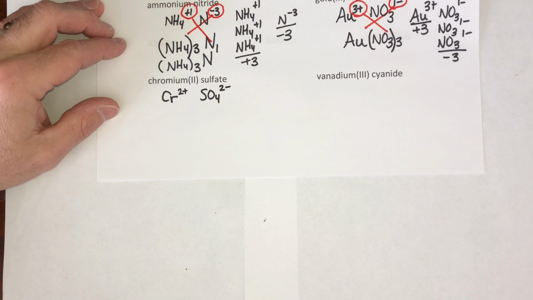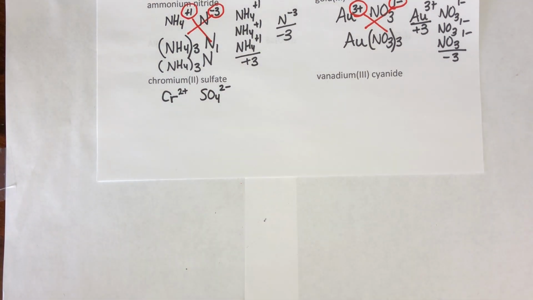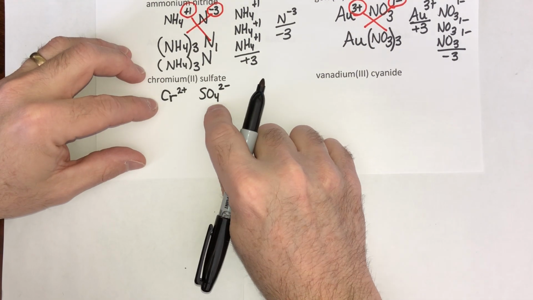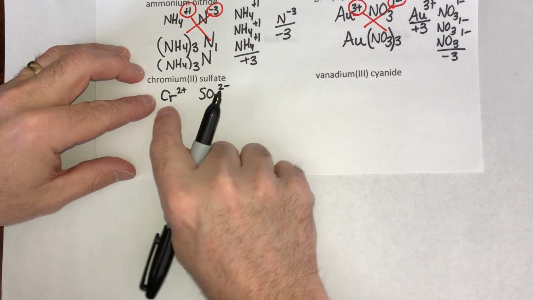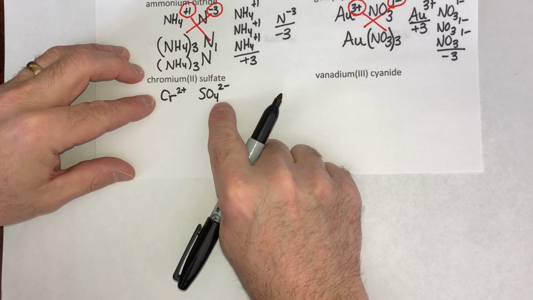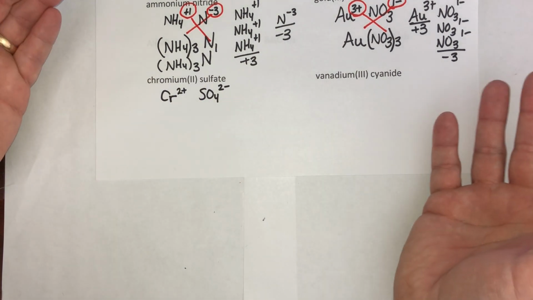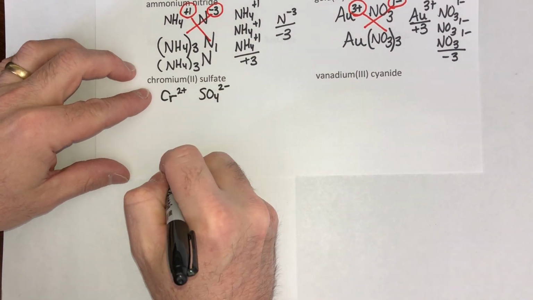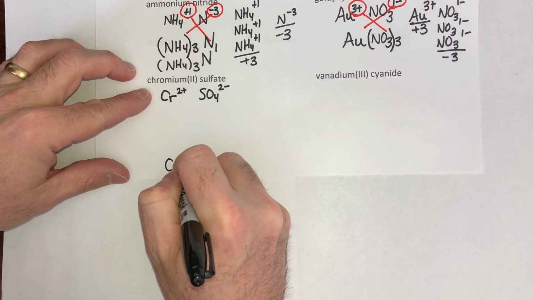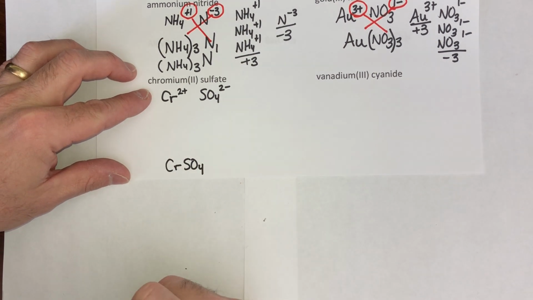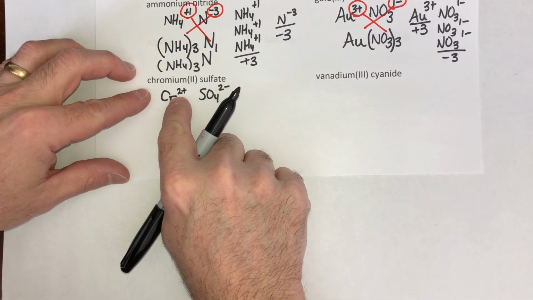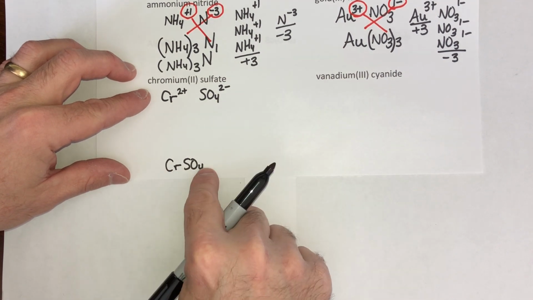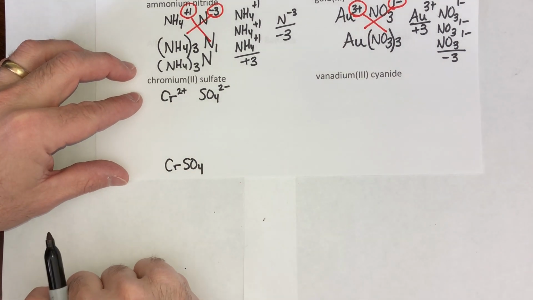Now this is going to bring up an issue that we saw in the earlier videos. This is a perfect pair. I've got a 2+, I've got a 2-. They match perfectly. They cancel each other out. So really for this problem, I only need 1 chromium and I only need 1 sulfate, because the chromium's a 2+, the sulfate's a 2-. Perfect match.